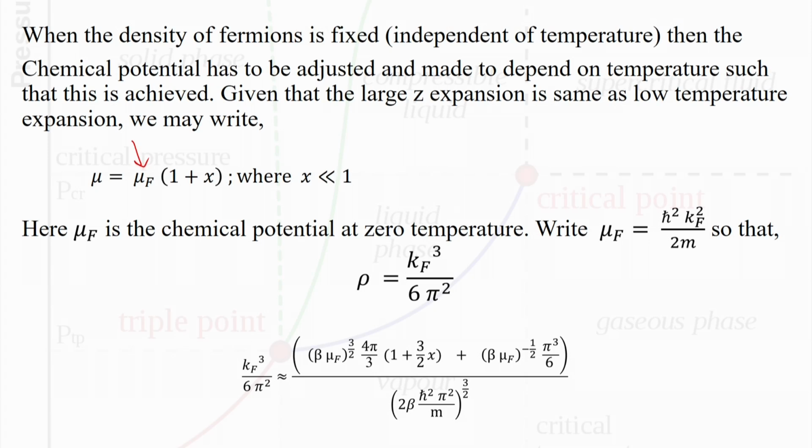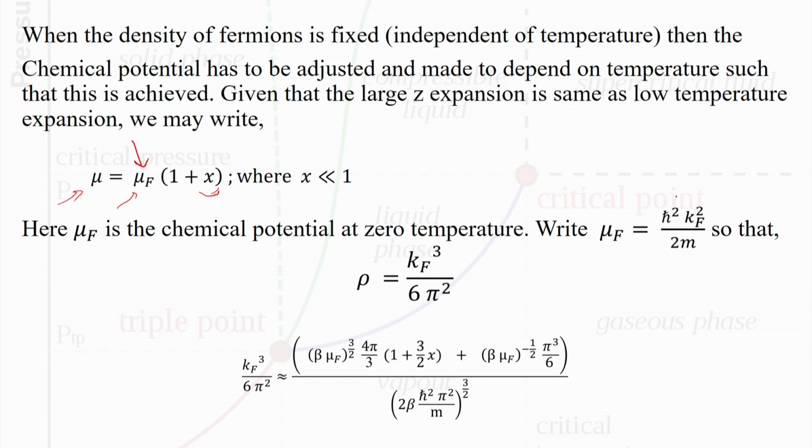Beta large is the same as temperature being small. So, if you believe my assertion, and then we will convince ourselves that it is correct, namely that at large Z expansion or low temperature expansion, I am entitled to write the chemical potential as mu f, which is the chemical potential at 0 temperature, times a term which is going to be small as temperature tends to 0.